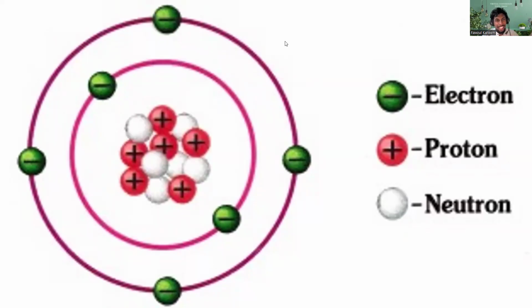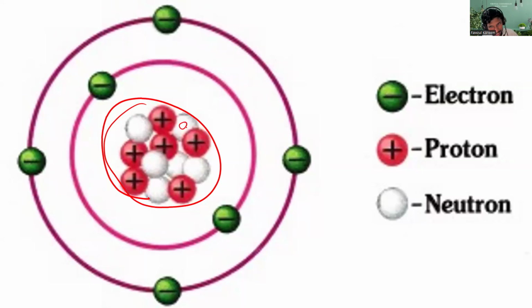Then what about the charge? Listen here. If we have the nucleus, this is the nucleus. If I ask what is the charge of a proton, you will say positive charge. If I ask what is the charge of a neutron, you will say zero charge.